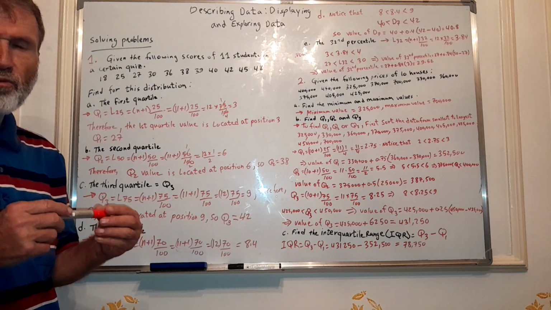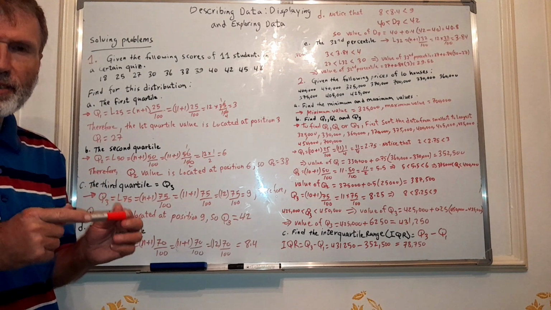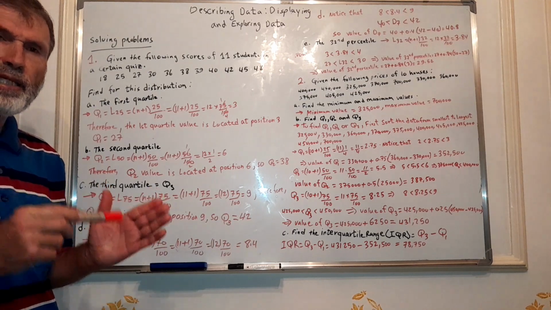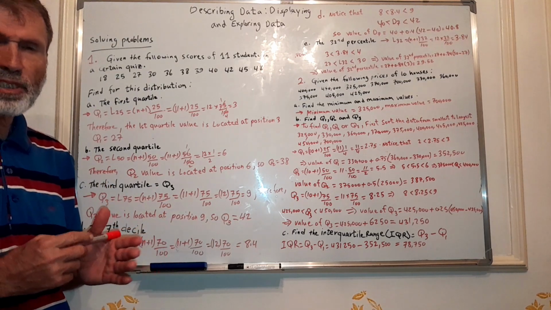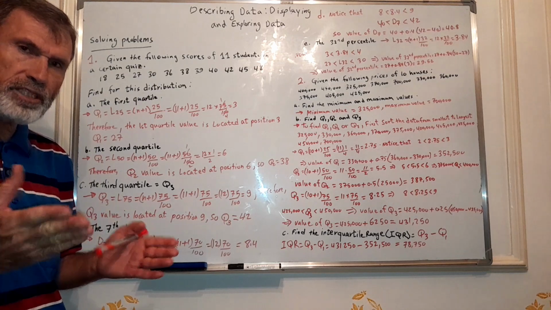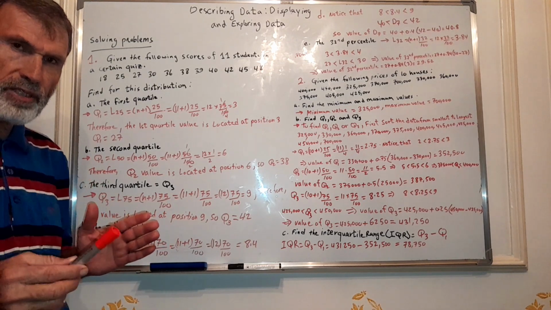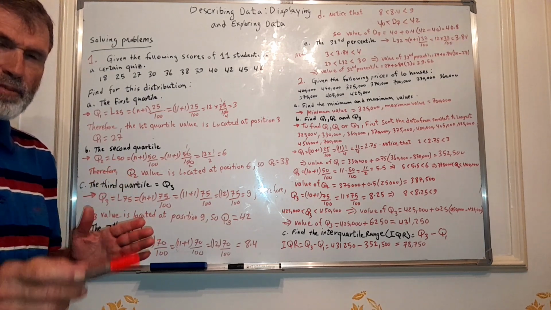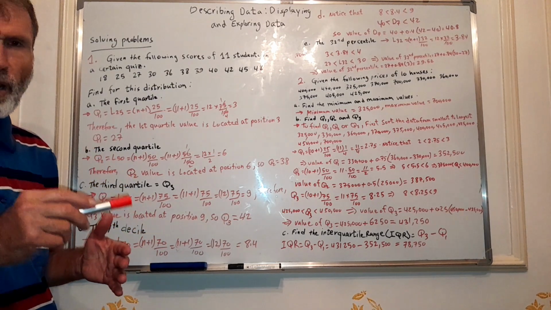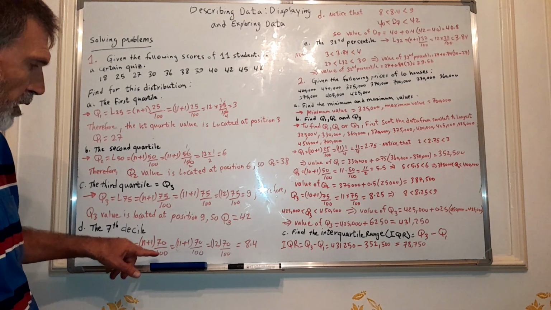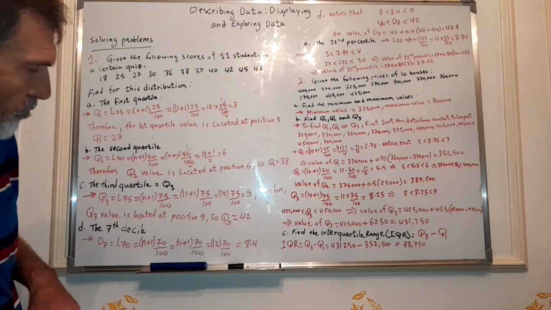To find the location of the 7th decile, we use L70 because the 7th decile is 70, because deciles divide a set of data into 10 equal parts. So L70 is equal to (n plus 1) times 70 over 100, and we come up with 8.4.